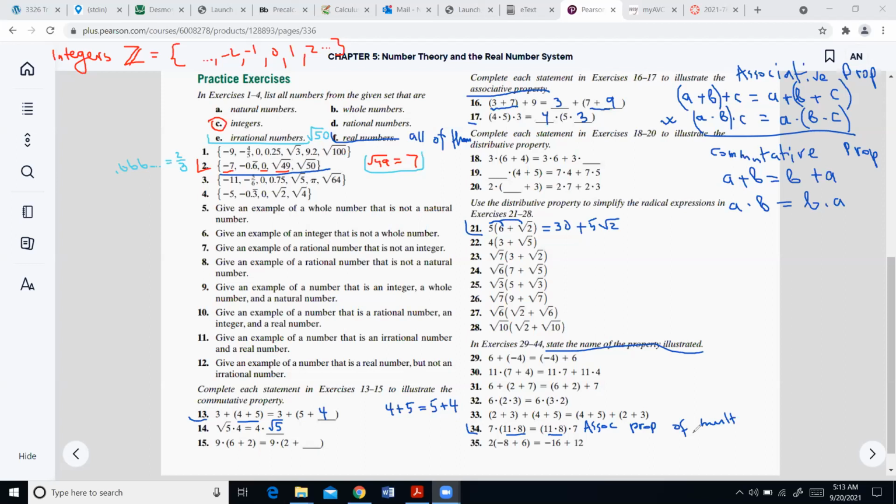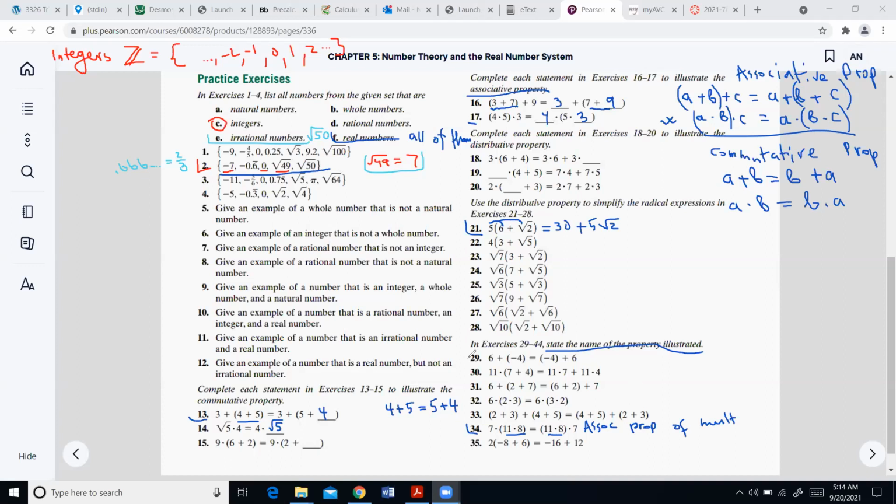So why did you talk about some kind of properties? Well, these properties are what we take for granted when we do calculations. And in this section, they're trying to explain why. So they give us reasons why we actually do these things. So there are some special rules, or in math they call them properties, that are being utilized. And that's the reason why they want this.